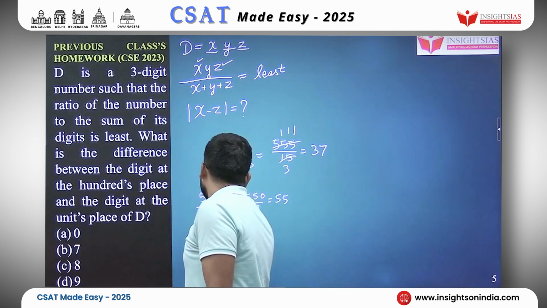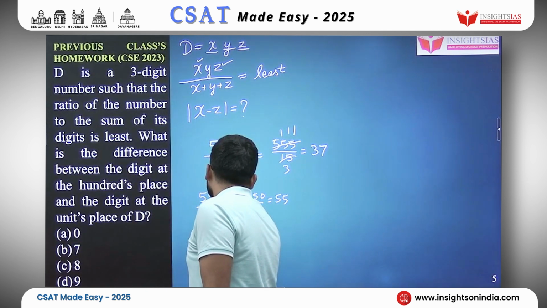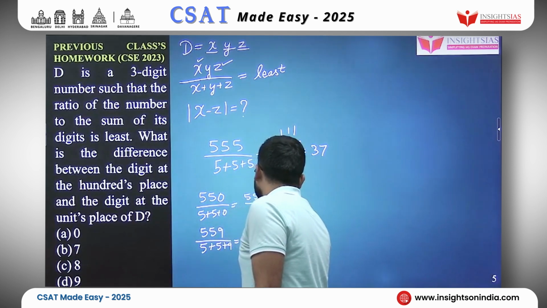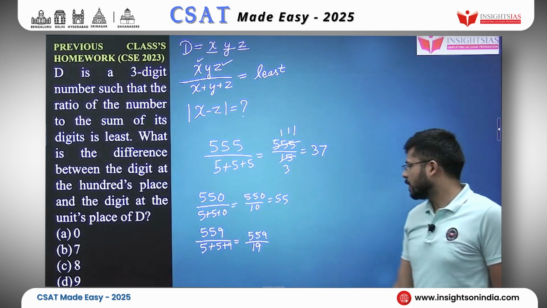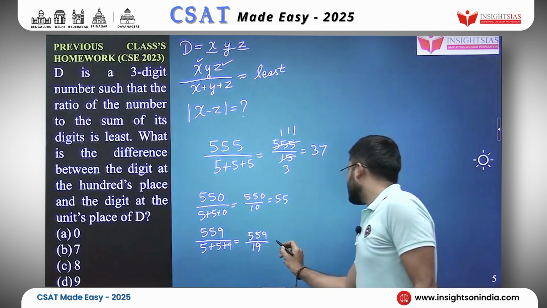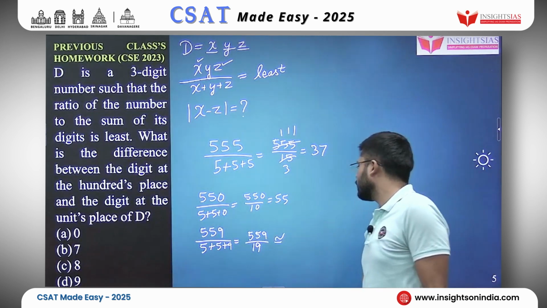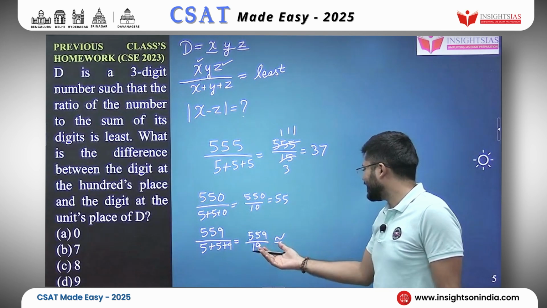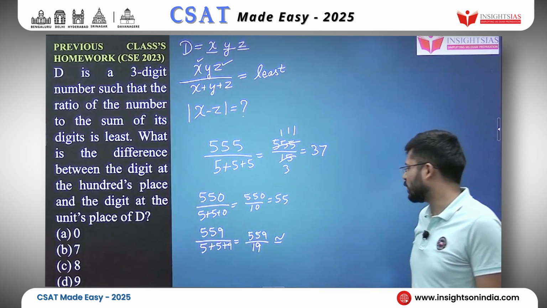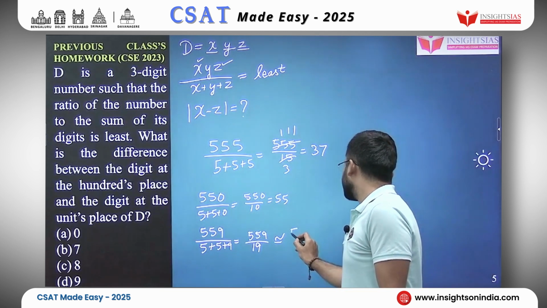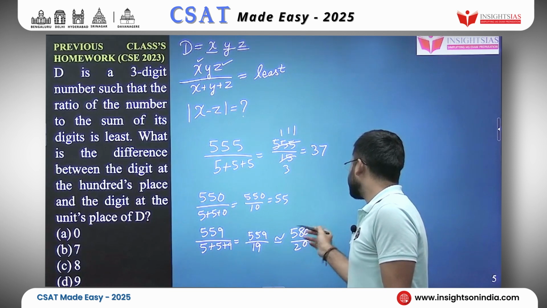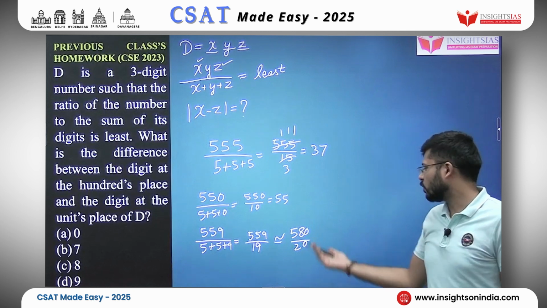We'll try 559 divided by 5 plus 5 plus 9. That would be 559 divided by 19. Correct? Yes. So this we shall approximate. It can be somewhere around 570 divided by 20, or 580 divided by 20.